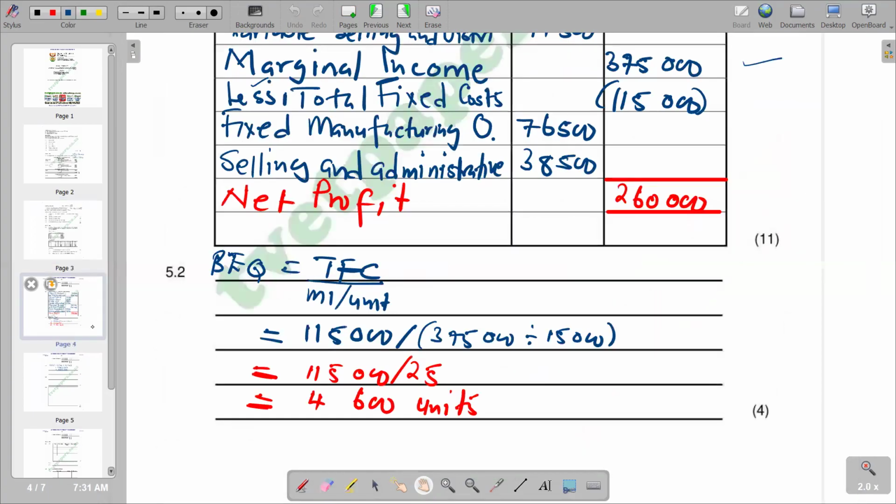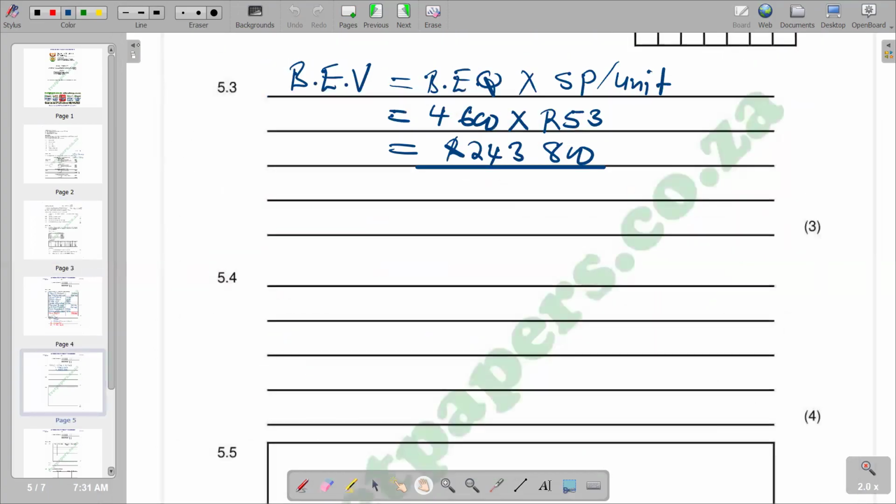So the formula says it is equal to sales minus break-even value over our sales. Then we multiply by 100 over 1. So basically, that's how we're going to calculate it.